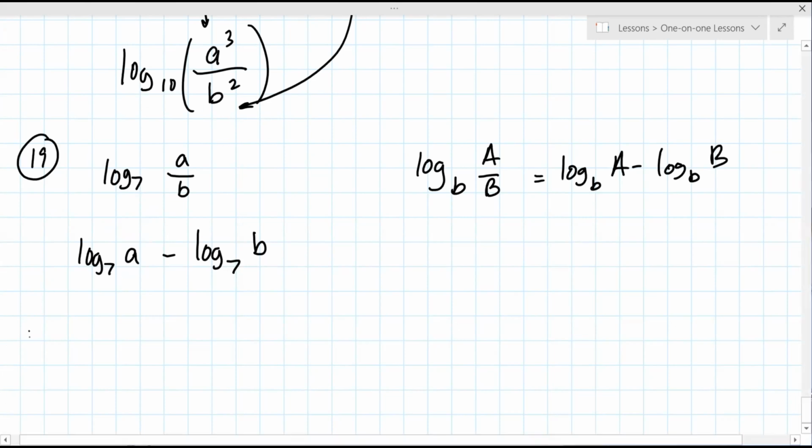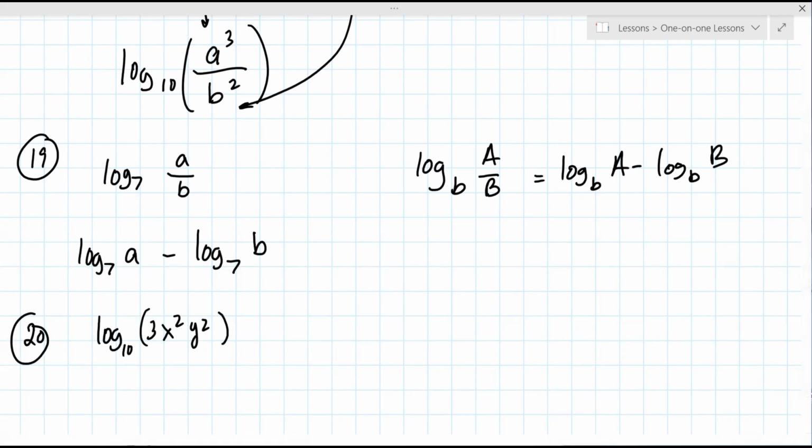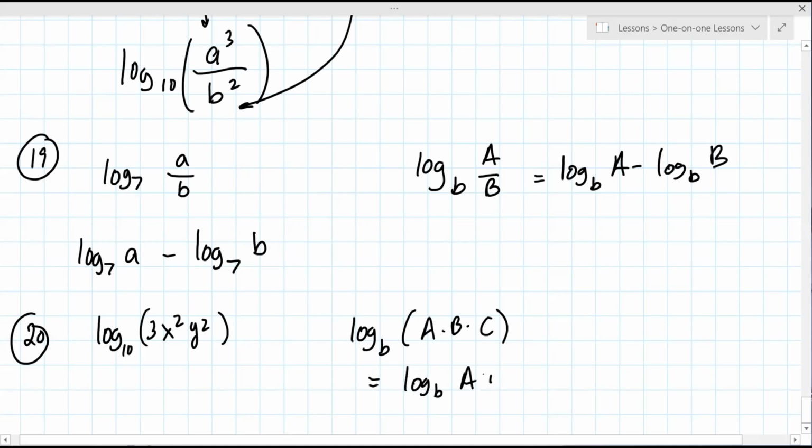Number 20 is log of 3x squared y squared. There's a base 10 when it's not written. This problem uses the product to sum property. If you have log base b of a times b times c, it becomes log base b of a plus log base b of b plus log base b of c.